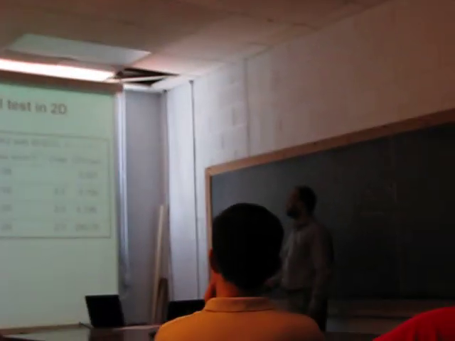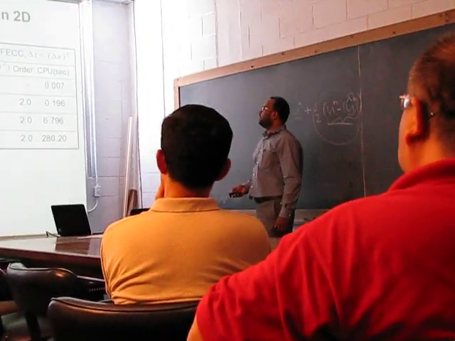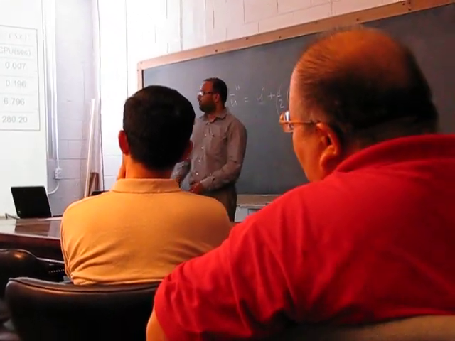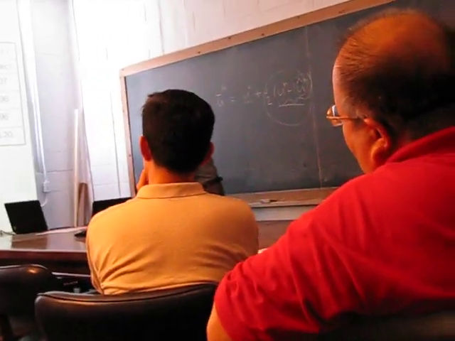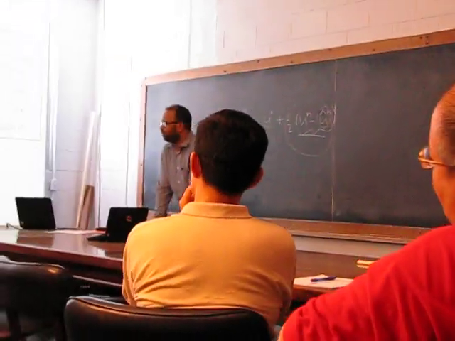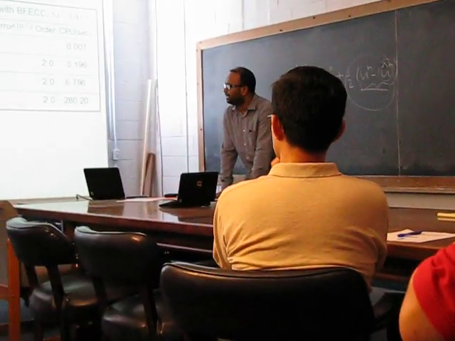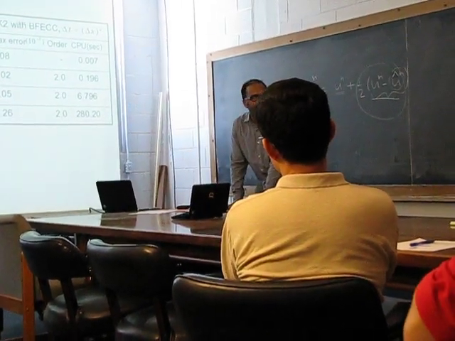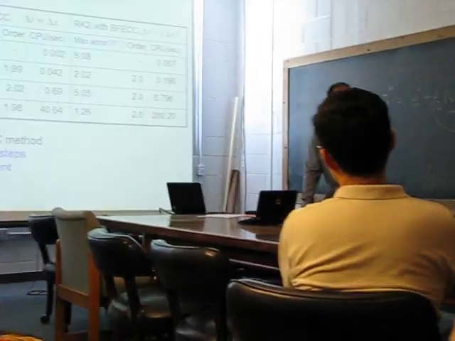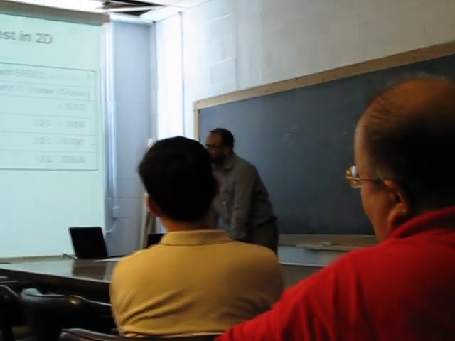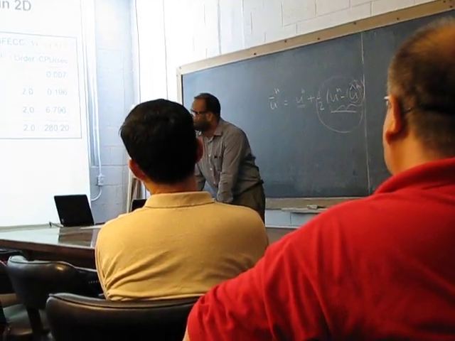You can see the CPU seconds here. So with CIIF with the BFECC method, we can use a very large time step. The stiffness problem is a little bit eliminated, and this scheme is unconditionally stable and very efficient.